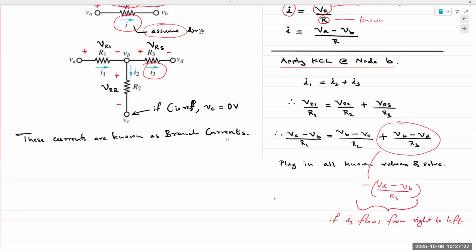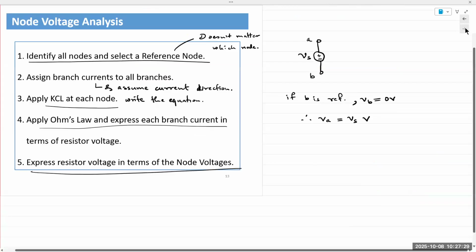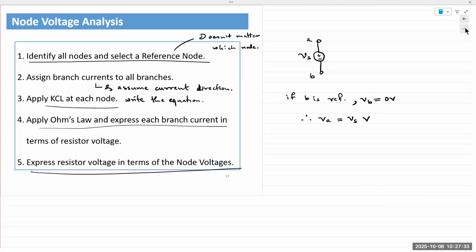All right. So summing up node voltage analysis, first thing is you identify all the nodes and select a reference node. This symbol, 3 horizontal lines in the shape of a triangle, refers to ground or common terminal. Sometimes ground is also referred to as GND by its acronym.